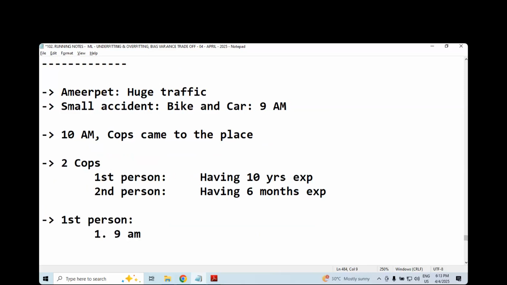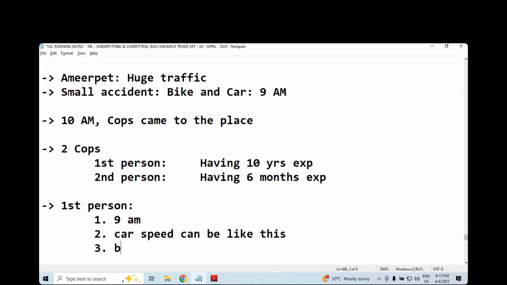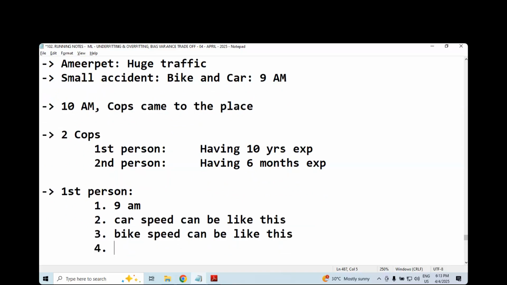He collected the information. According to this, the car speed can be like this. The bike speed can be like this. And during that time, either huge traffic or less traffic.